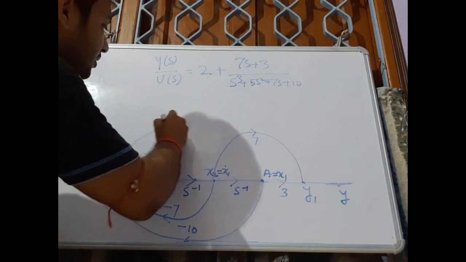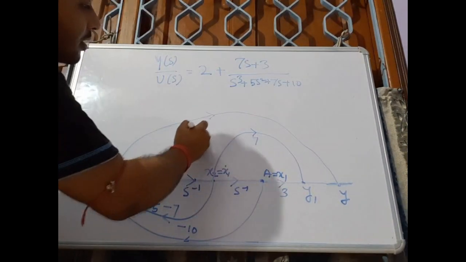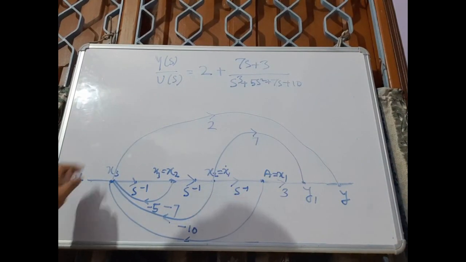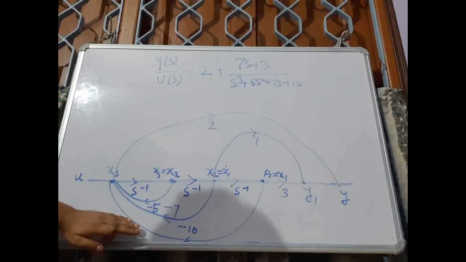It is shown or not? I think it is shown now. Now this is multiplied by 2. So this signal flow diagram is completed, right?